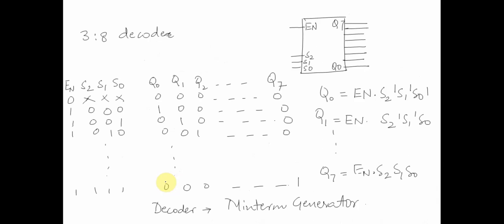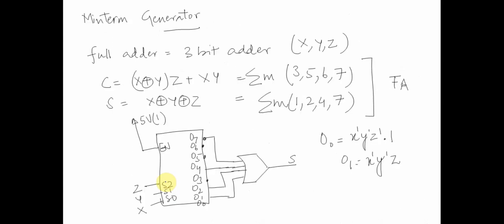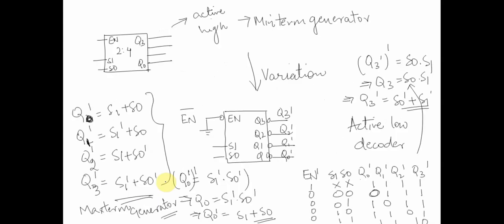We spoke about a 3 to 8 decoder, and constructed it using 2 to 4 decoders using a select line and enable with one extra NOT gate. Eventually we saw an example of the decoder as a min term generator by implementing a full adder. Then we saw one more variation, the active low decoder, which was nothing but a max term generator.